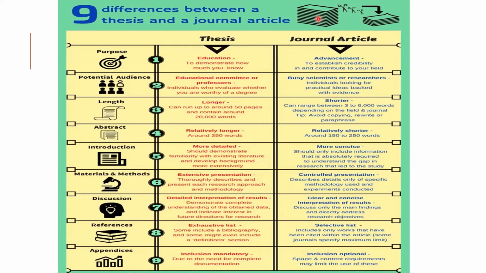So, as you see, for example, regarding the materials, in the thesis it's an extensive presentation. There are a lot of tables, a lot of figures. You need to present it here. In the journal article, you cannot take all the figures. You just need to mention what methodology you have used.